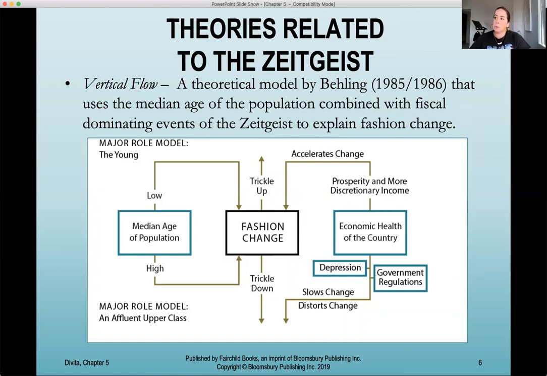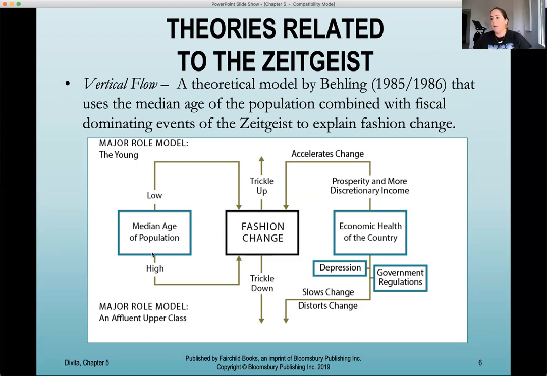The first is the vertical flow, a theoretical model by Brenninkmeyer in 1985 to 1986 that uses the median age of the population combined with the fiscal dominating events of the zeitgeist to explain fashion change. Okay, so typically we start here, the median age, and then we also establish the economic health of the country. Okay. And we use these 2 factors to understand the change in fashion.